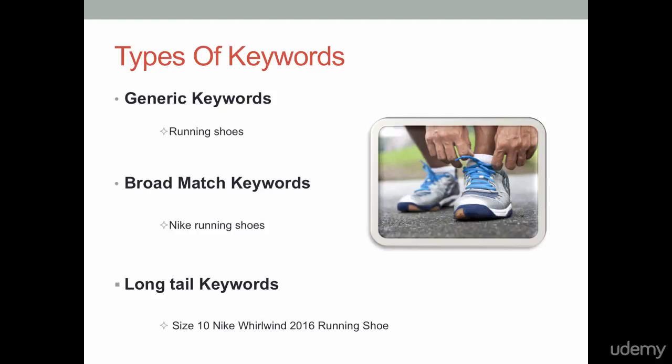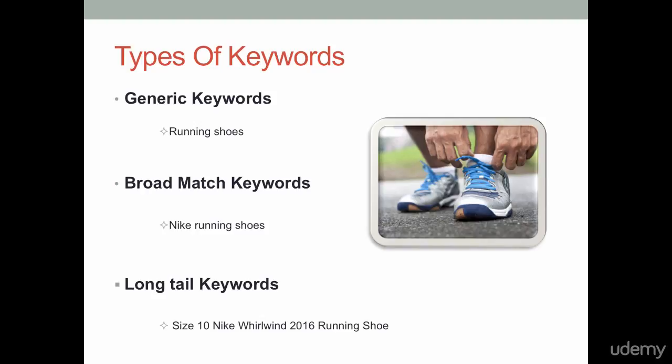However, if you've got an article that's very specifically about a certain running shoe, like in this example, the size 10 Nike Whirlwind 2016 running shoe, and you've selected this as your chosen keyword, then the chances of being up against other competition are a lot smaller than if you just simply typed in running shoes.